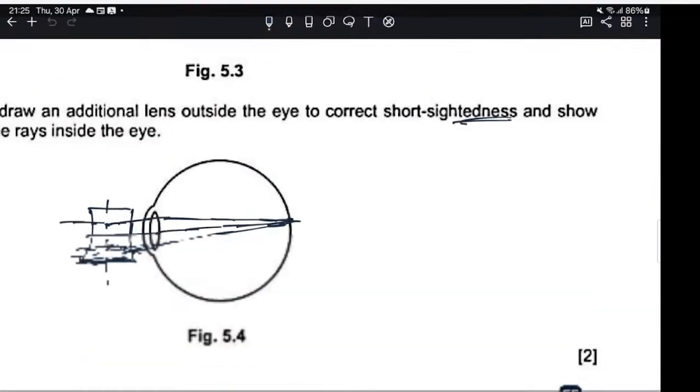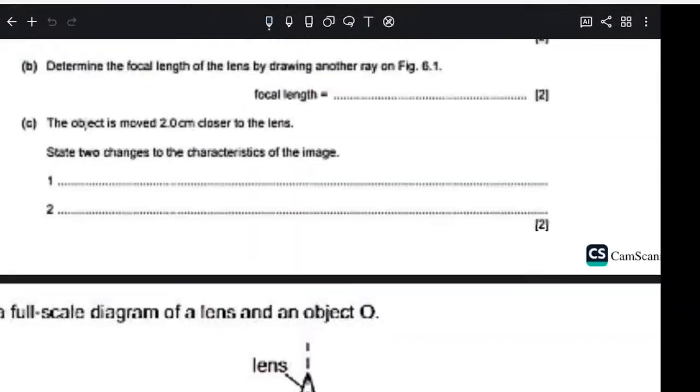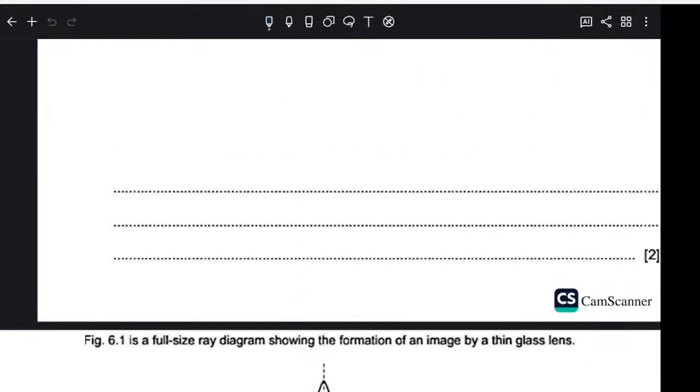If you get stuck, you tell me. Okay? Students, did you see this? All right. That's it for ray diagrams. Physics.